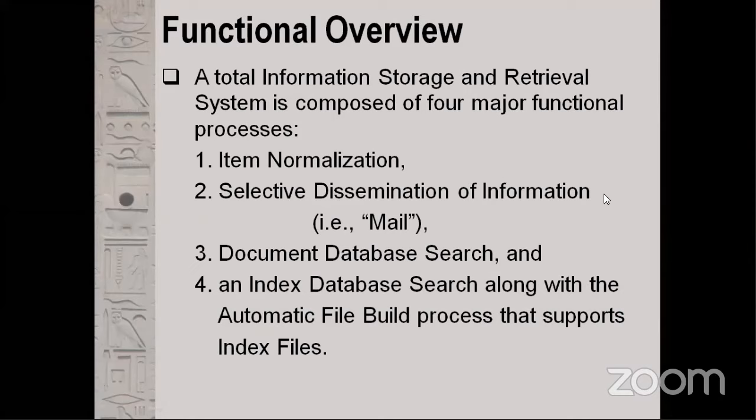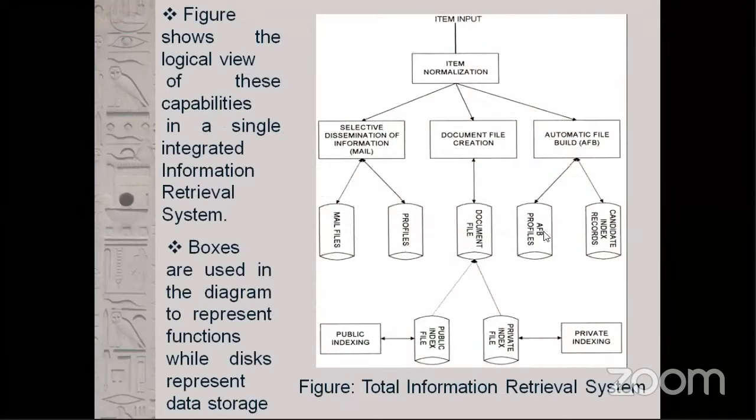If I'm using commercial systems, they may have these functions individually and separately: item normalization is separate, selective dissemination is separate, and the document database search is different. Only in our general or publicly used information retrieval systems do we integrate all these functional processes. Okay, so just observe how these four are integrated into the public systems.